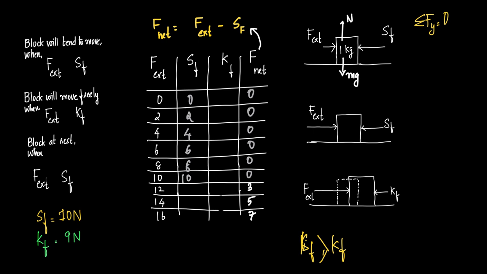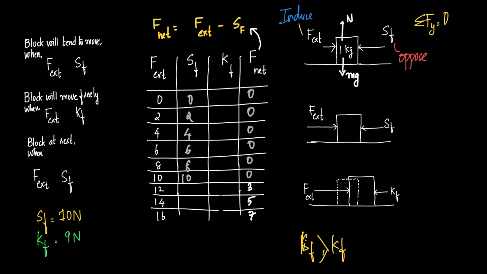Static friction will oppose the motion, whereas F external will try to induce the motion, right? So what is the value of static friction? That's the point of discussion here.